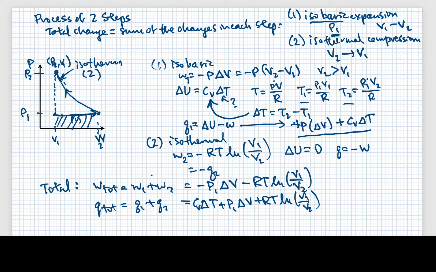All right, so when I add these two together, notice that these terms will cancel and these terms will cancel. So delta U, which is going to be W total plus Q total, will be simply CV delta T, and CV delta T is actually just the delta U for the first step. The second step, because it's isothermal, has delta U equals 0.